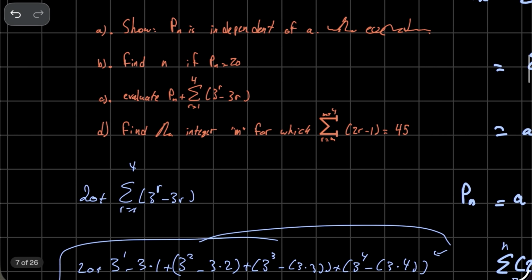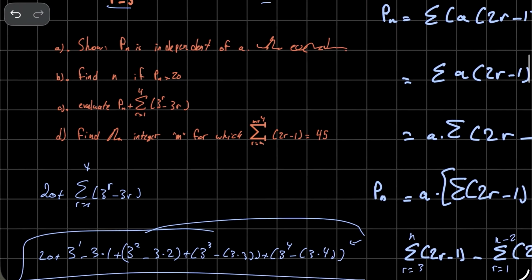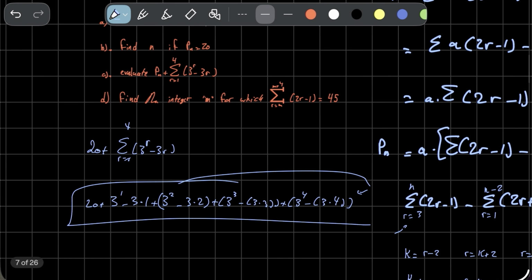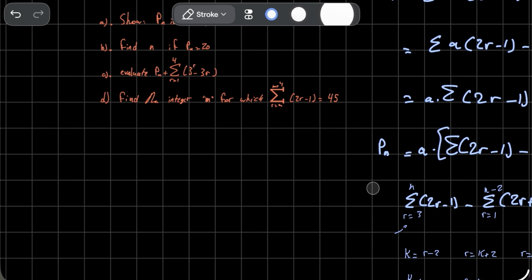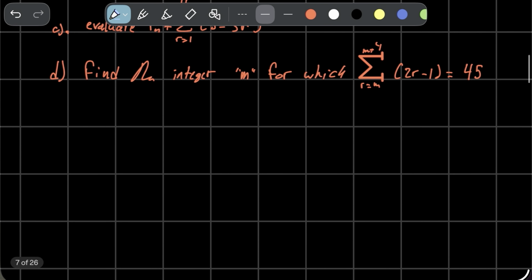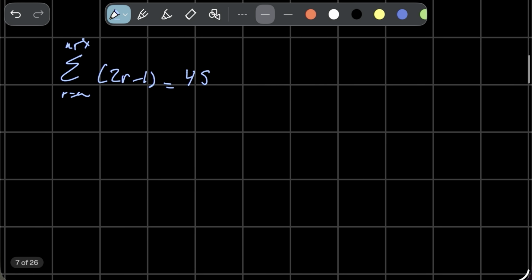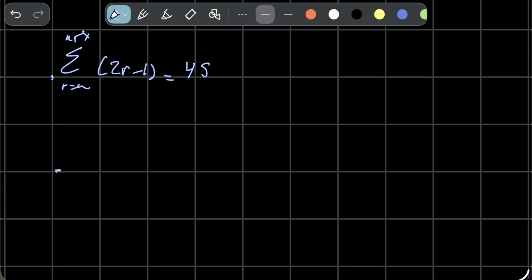And for the final part, find the integer m for which, okay, let me just clear things up. Find the integer m for which sigma r equals m plus 4, 2r minus 1 equals 45. Let's see how we would solve this question.